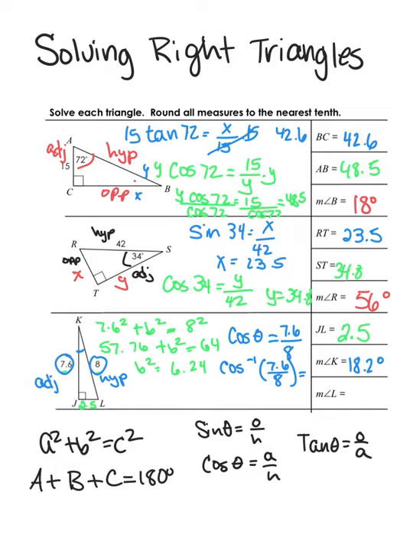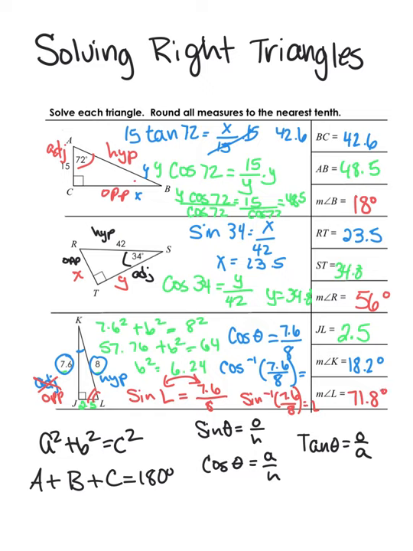Or I can focus on angle L and say that this side is my opposite and 8 is still my hypotenuse. So the sine of angle L is equal to the opposite over my hypotenuse. Do the inverse function, so the inverse sine of 7.6 over 8 is equal to L. When I put that in my calculator, I get 71.8 degrees.